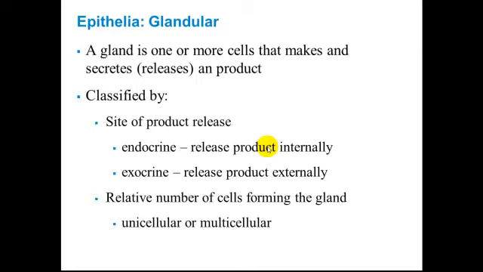Exocrine glands, on the other hand, release the product externally. And that means external from the circulatory system. These glands have ducts, and the product is released from those ducts. We're also going to notice, especially with the exocrine glands, that we may have unicellular or multicellular glands.